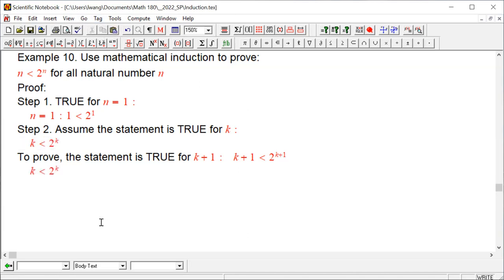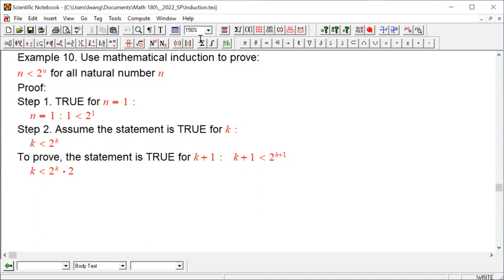On this piece, since this is assumed true, from 2 to the power of k to 2 to the power of k plus 1, what do we need? We need to multiply by 2.